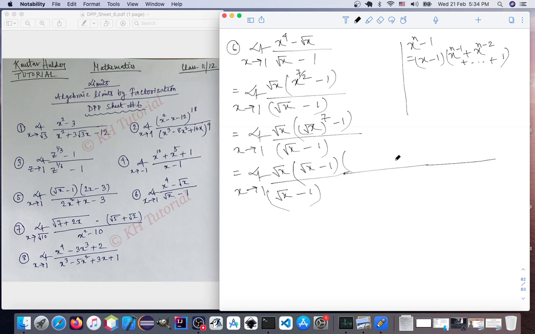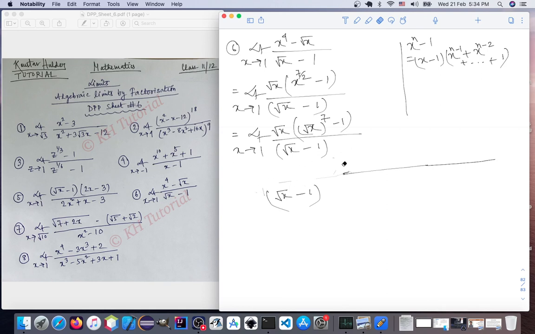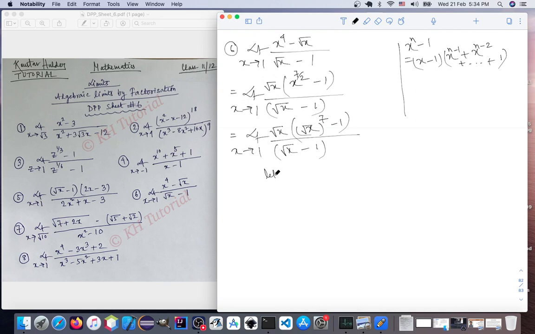Let's do one thing. For the sake of readability and ease of solving this problem, let root x equal t. This implies t tending to 1 as x tending to 1. So the limit becomes t tending to 1, t to the power 7 minus 1 divided by t minus 1.